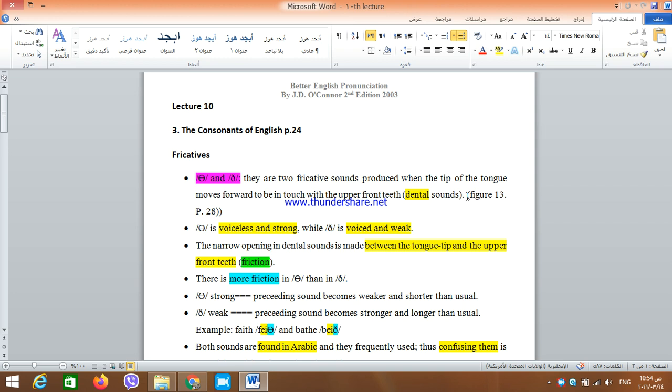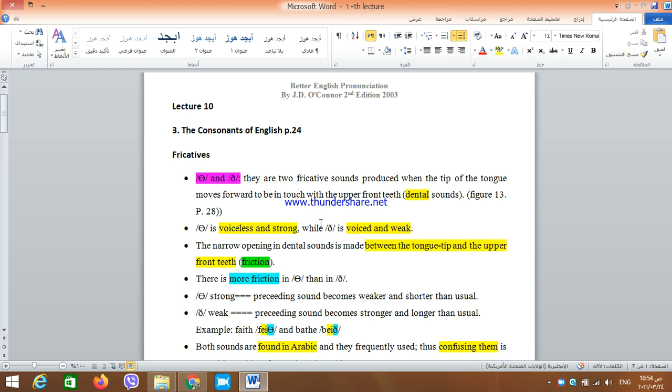You may refer to figure 13 for a clearer view of the pronunciation of these two sounds. You are going to see that the tip of the tongue is moved forward and is in touch with the upper front teeth.